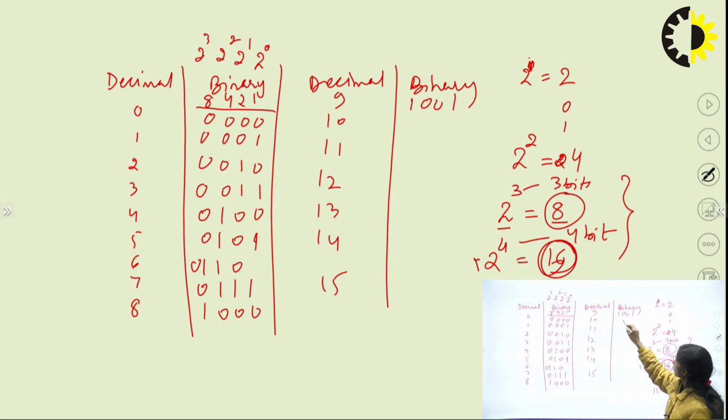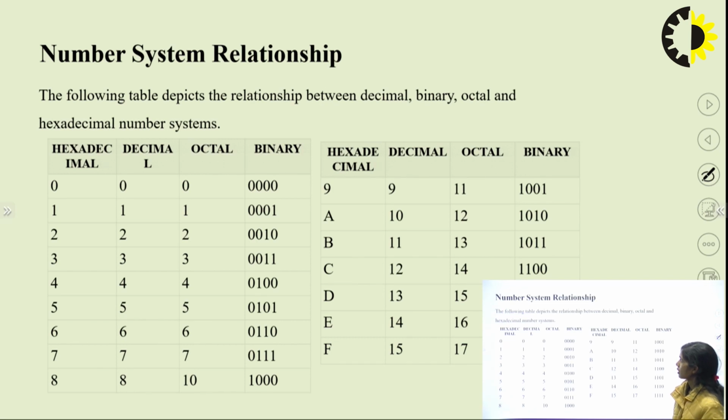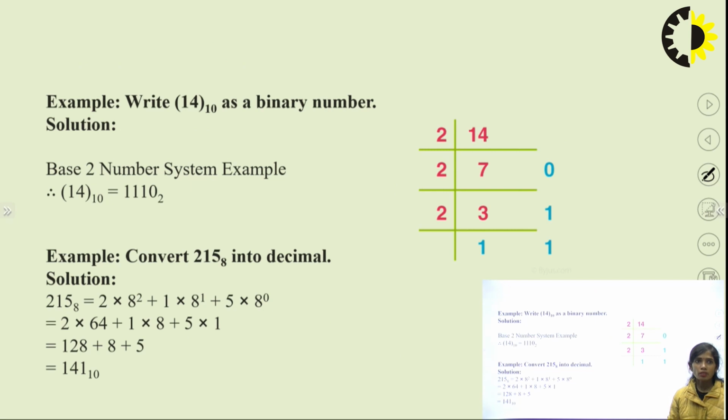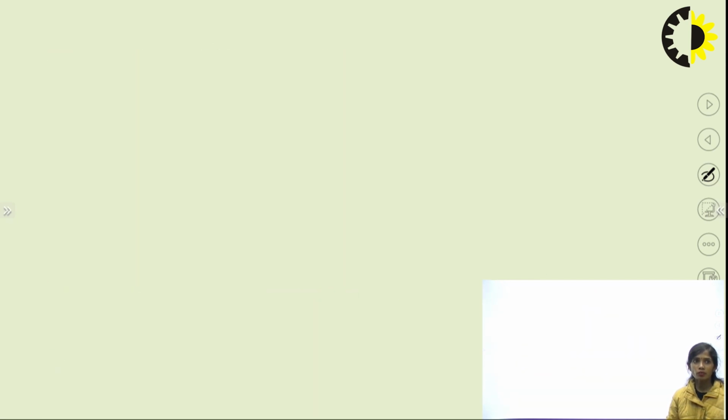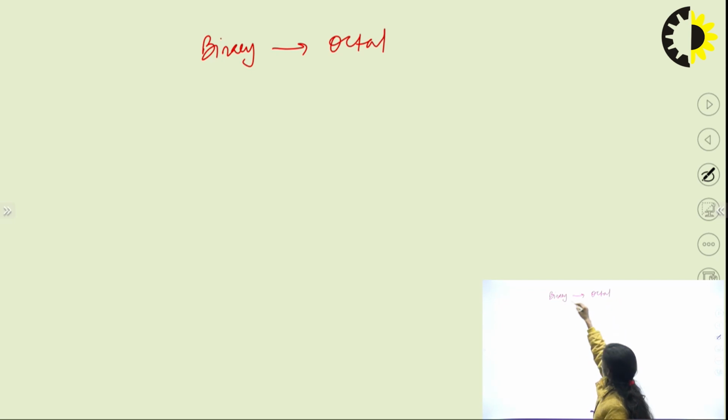This is the table that I can form. By keeping this table, I can convert a binary number directly, either into an octal number or hexadecimal.